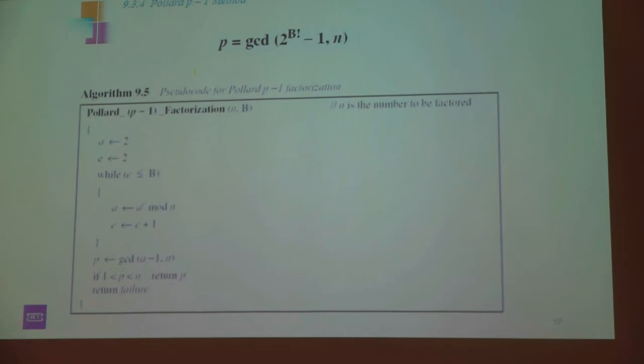So basically, p is the greatest common divisor of 2 to the power b factorial minus 1 and n. And here we have the algorithm for you. Again, this is complex. The complexity is O(2^n). It's not exponential, but it's still complex.